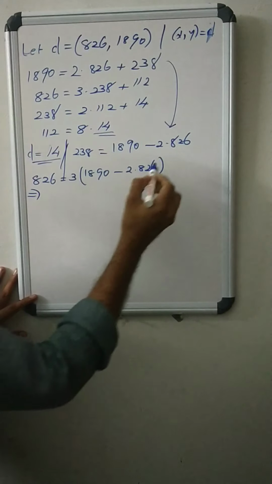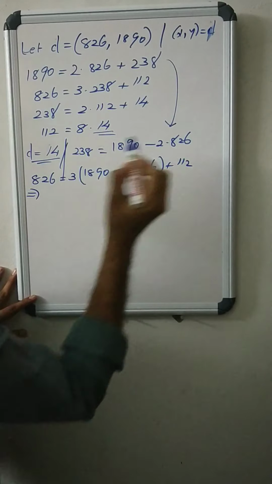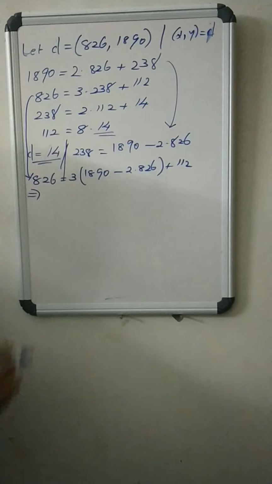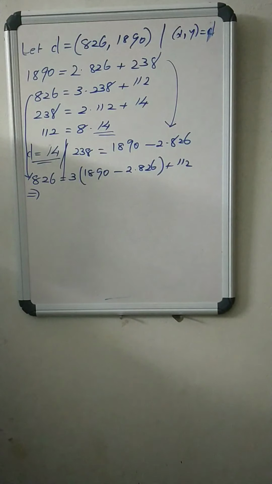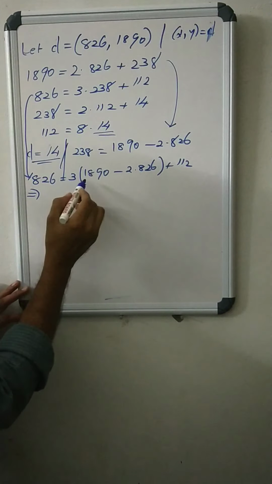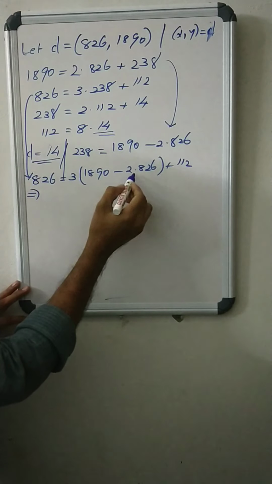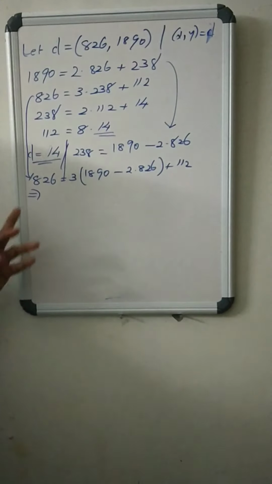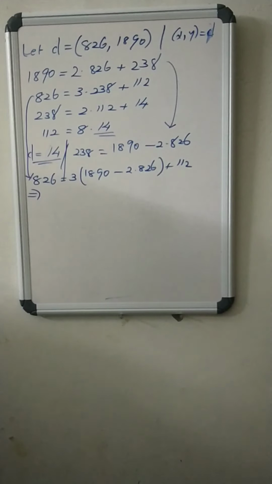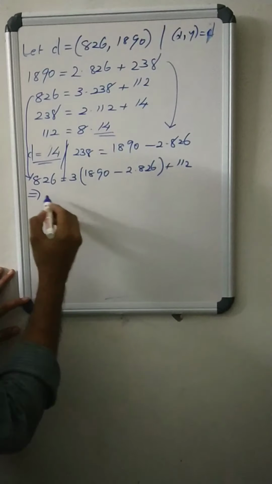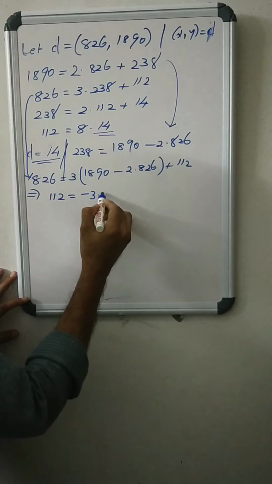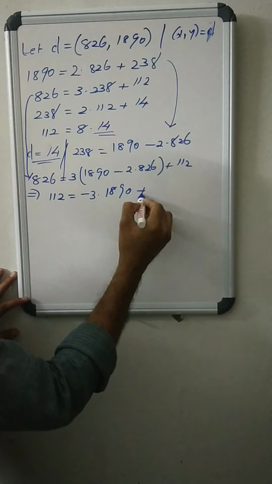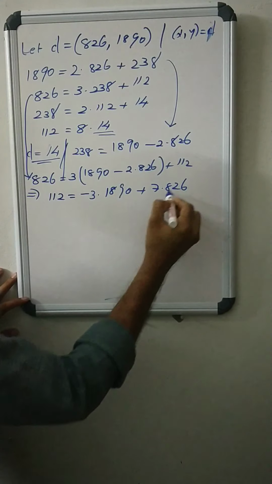That means plus 112. From here, 826 equals 3 into 238 plus 112. That is, 3 into 238 can be rearranged as 3 into 1890 minus 2 into 826. So this 112 can be rewritten as minus 3 into 1890 plus 7 into 826.